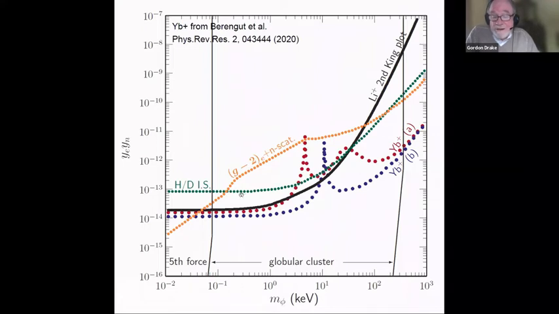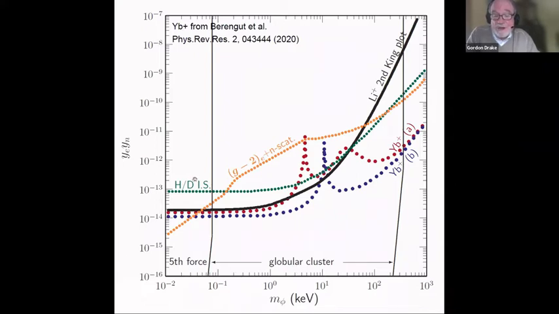And this is represented in graphical form, the exclusion plots. The solid black line here represents the current results for lithium plus, the second King plot. So anything above this could be detected; below, you wouldn't see it.